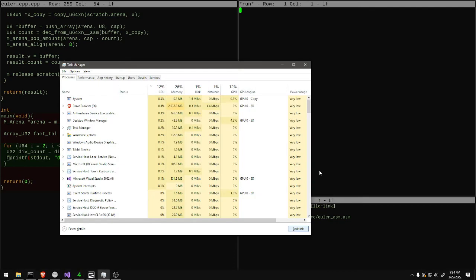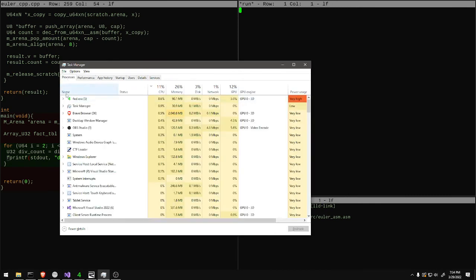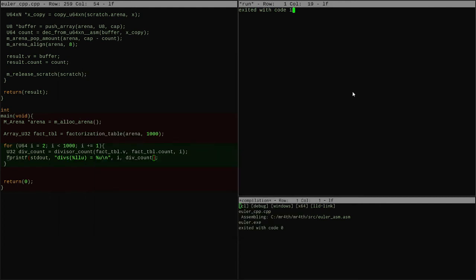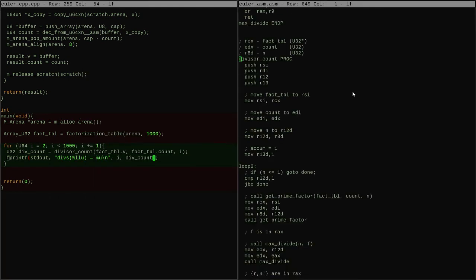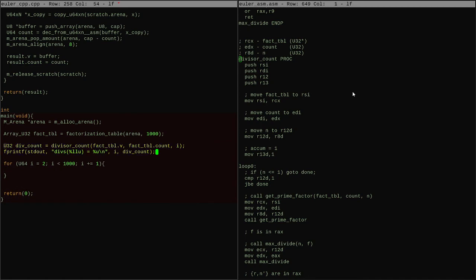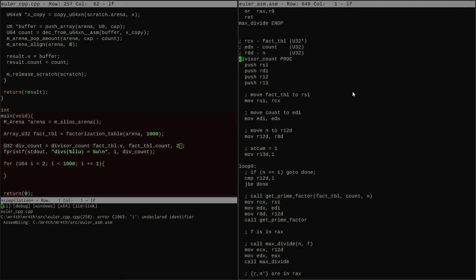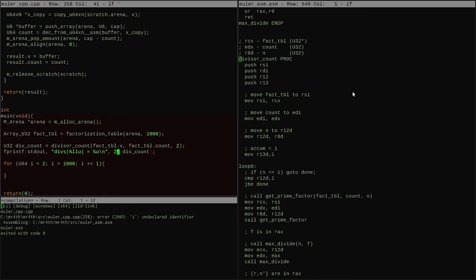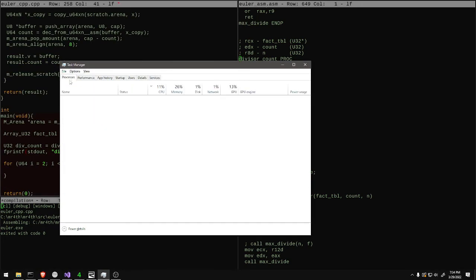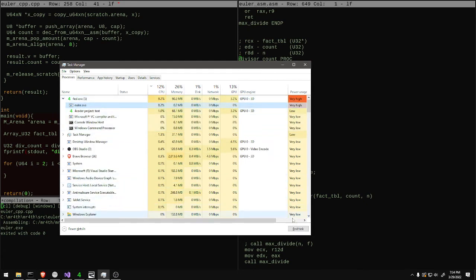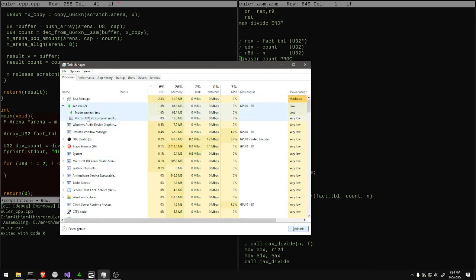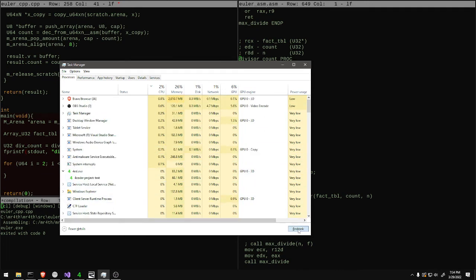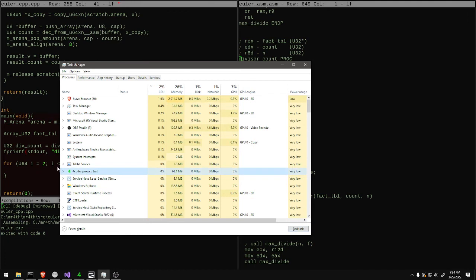Or is it an infinite loop? Let's try to do that for just small numbers real quick. Whoops. 2, gotta go fix this again. 2, you go away. You go away. Okay, boom.